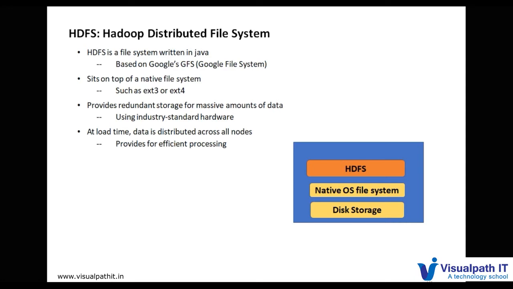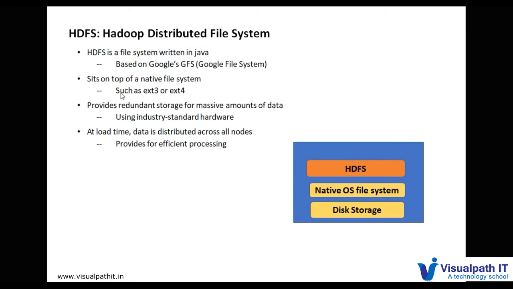On the disk you can install your operating system, which is a Linux version. We have different Linux versions: Red Hat, CentOS, SUSE Linux, Debian, Ubuntu. Multiple Linux flavors with different versions are available in the market, and we can install any of them here. The native operating system's file system, the Linux file system, is stored on top of the disk.